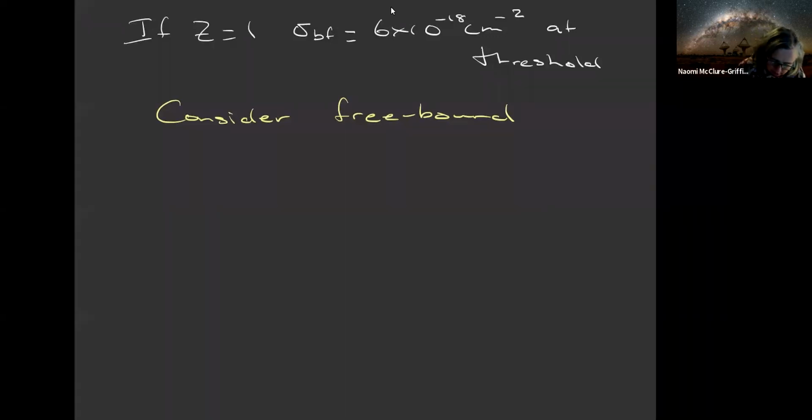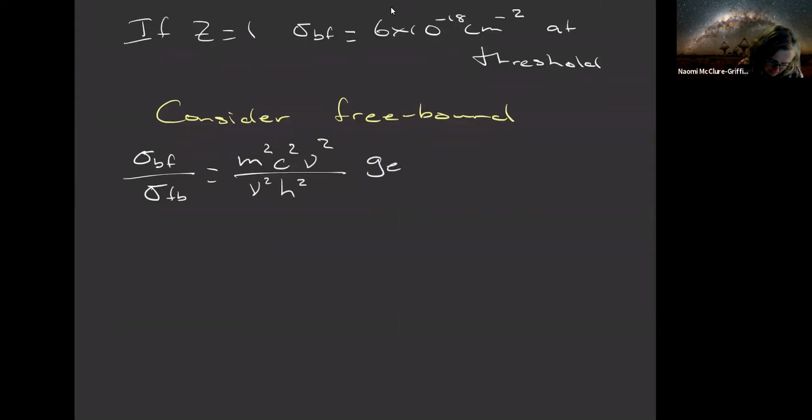So you can use detailed balance, and this may end up as, for example, a homework problem, to show that the ratio of the bound-free over the free-bound cross-section is equal to m squared c squared nu squared over nu squared h squared times the statistical weight for the electrons, the statistical weight for the ionized gas, over 2 times the statistical weight for level n.